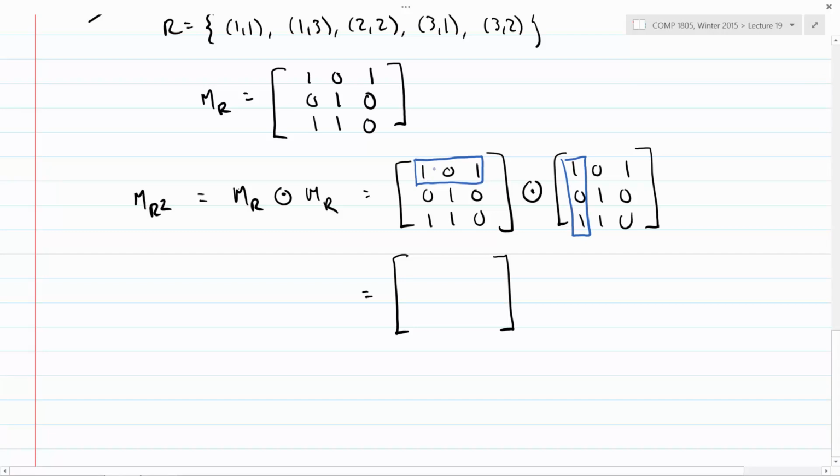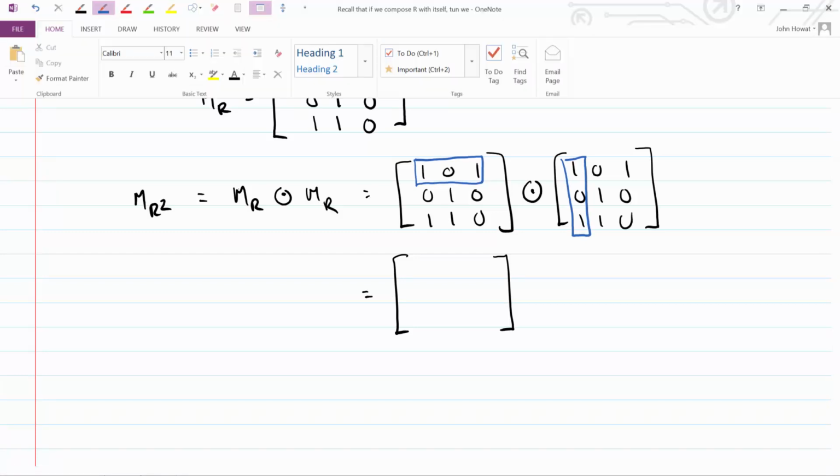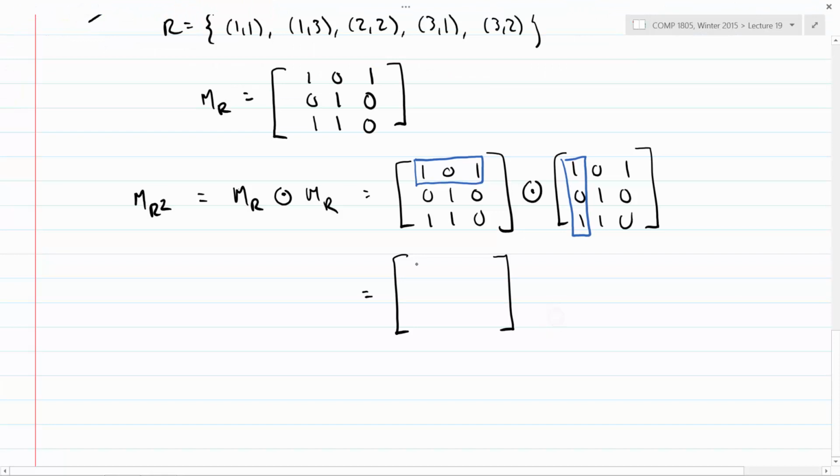So that's 1 times 1 plus 0 times 0 plus 1 times 1. All right, so the very first one is 1 times 1 is 1, plus 0 times 0 is 0, plus 1 times 1 is 1, so 2. But this is a join, so if I get something that's not a 0, I make it a 1. So that means I have a 1 up there.